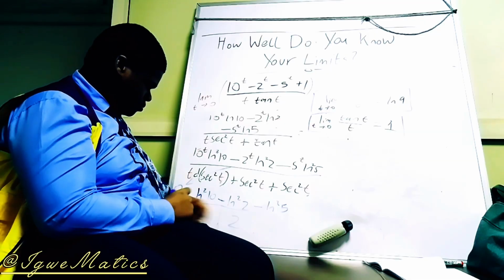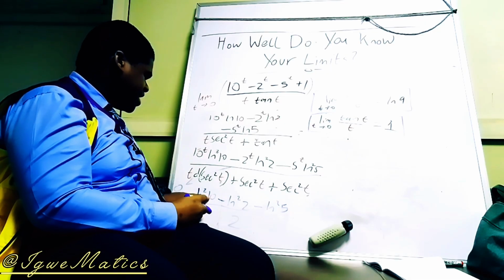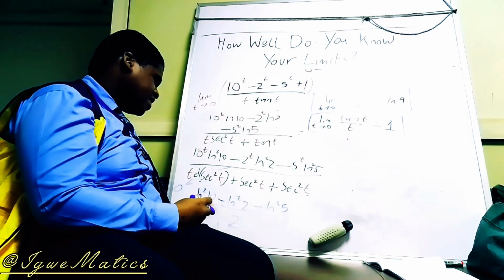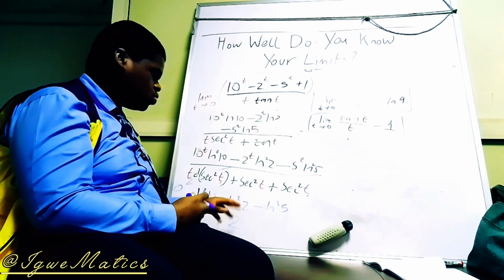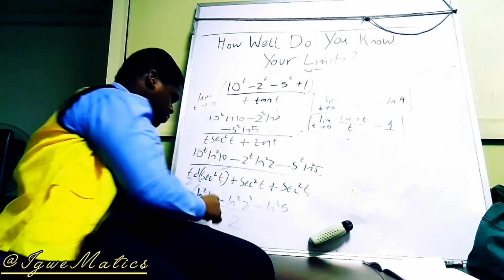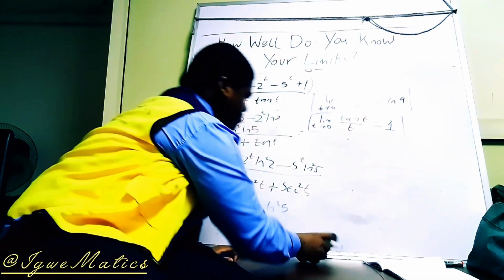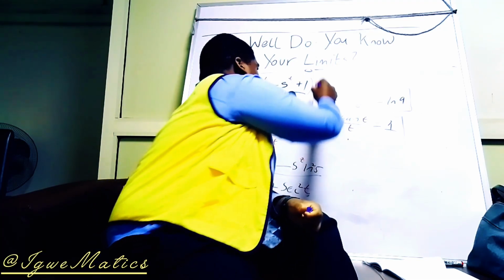Good. Now what do we have here? We have ln squared 10 minus ln squared 2 minus ln squared 5 divided by 2. This ln squared 10 minus ln squared 2, let's handle this first of all. We have ln squared 10 minus ln squared 2.